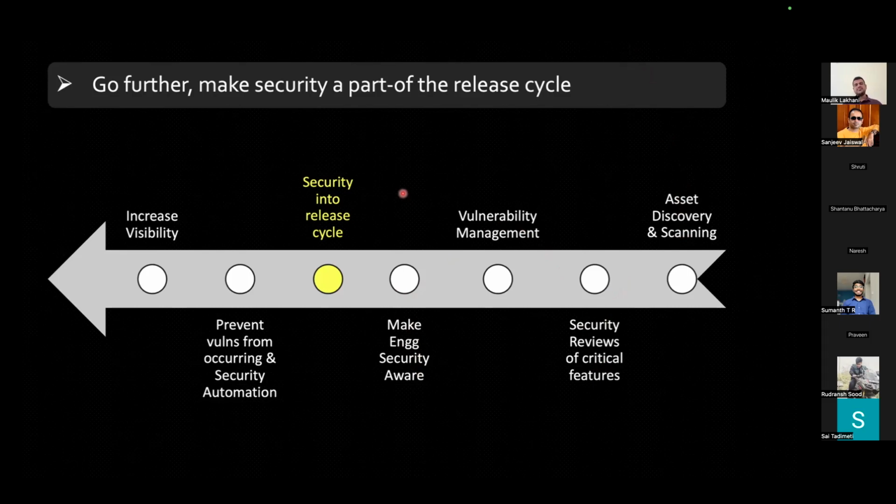Now this is the time when they are happy to listen. Till now they were maybe listening to you because they had to. Now they feel the importance of security. If we are not doing it right now, then we are doomed, or at a very high risk, especially in a fintech scenario. So now this is the time to get into the release cycle, get into the sprint.